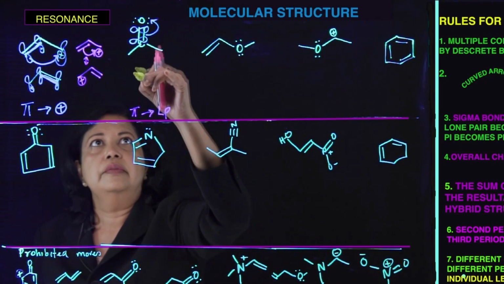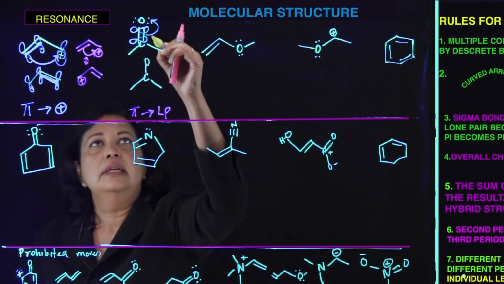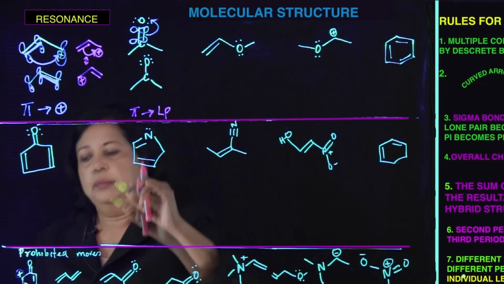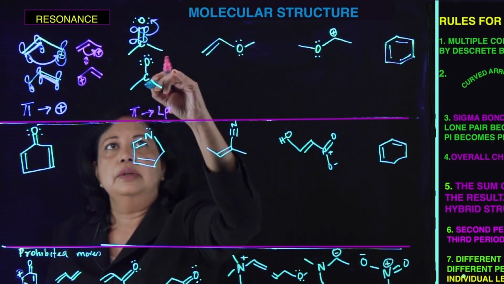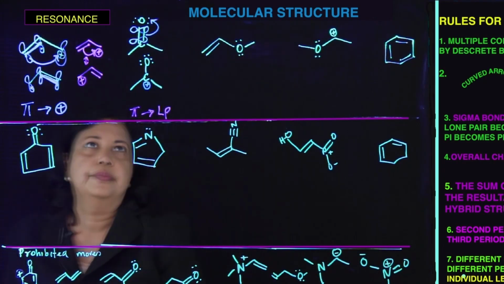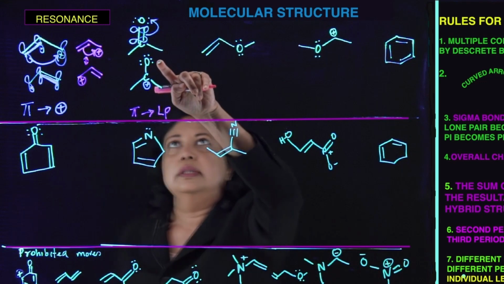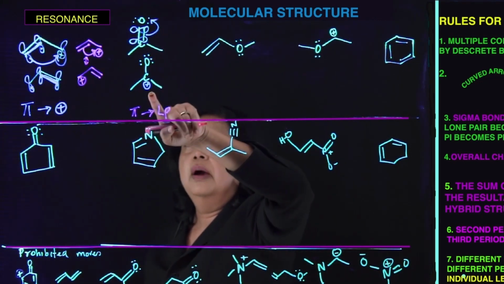So here, if you draw this out, you have an oxygen. Then you have 3 lone pairs here. You broke the pi bond here, so you're going to get a positive here. So you'll have an empty orbital and 3 lone pair orbitals. So this goes up and you get a positive.